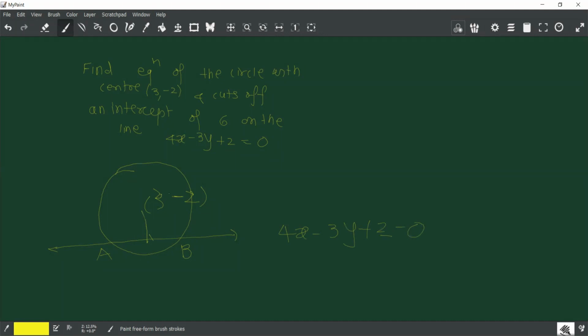Your answer, और तुम लोगों का ये क्या आया, रेडियस 5 आया. x² + y² - 6x + 4y - 12 is equal to 0 is the right answer.